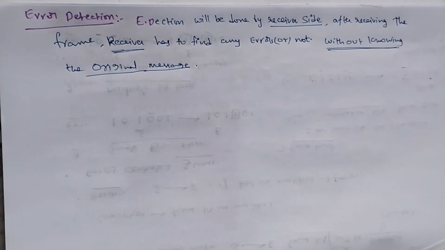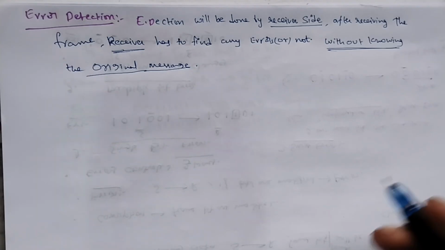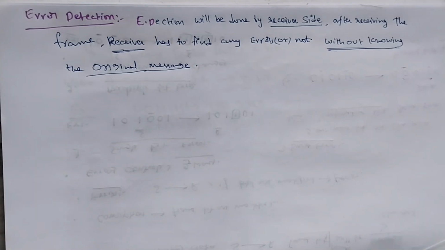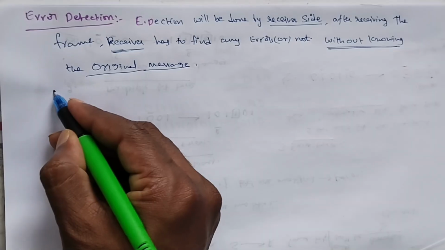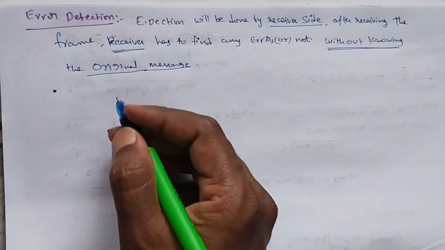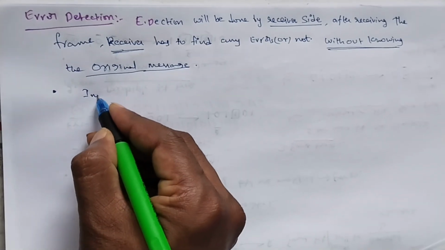Okay, in order to find errors, the sender will add some extra bits. Those bits are called redundancy bits. These redundancy bits will be added at the end of the frame.